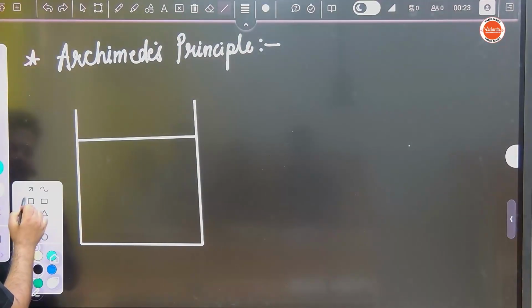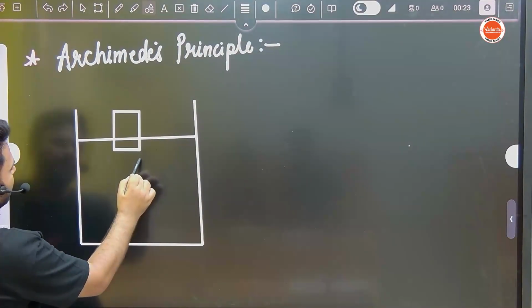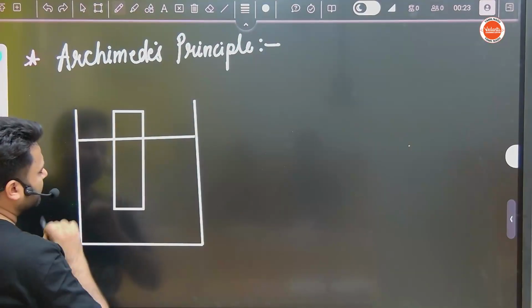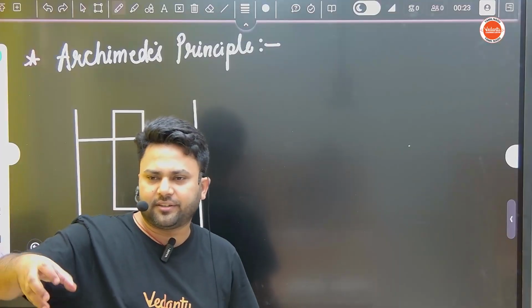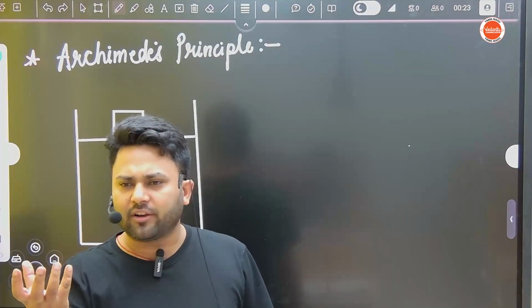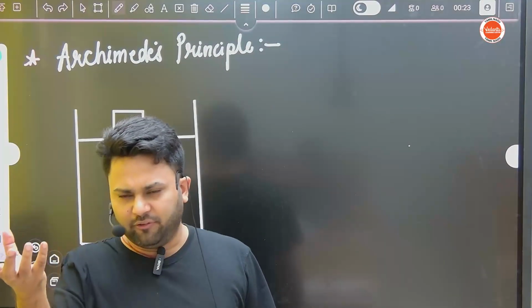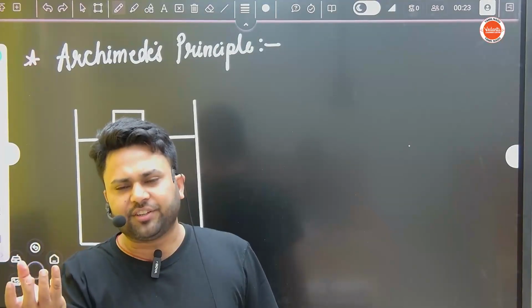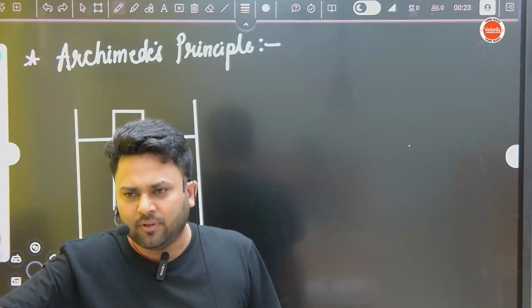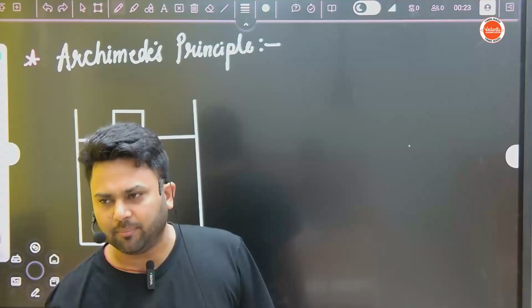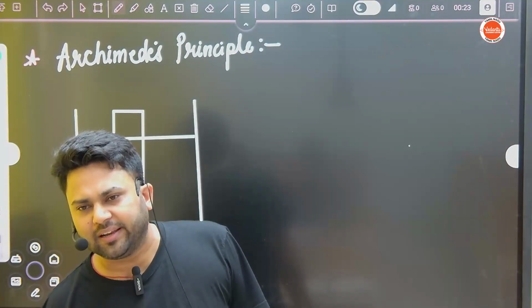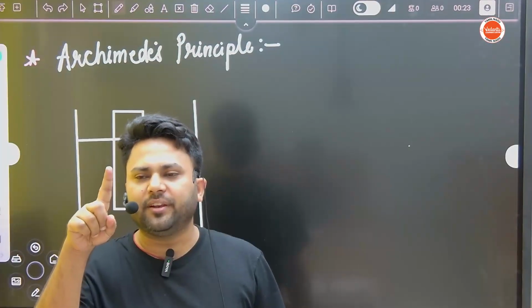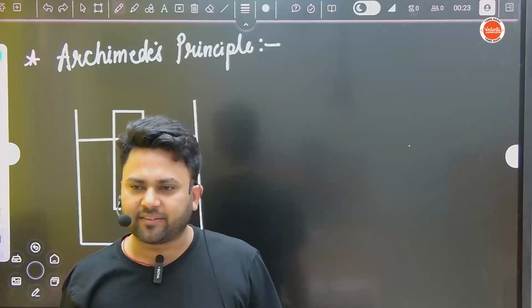And there is any object like this. You must have felt, if you put any ball in water, that its weight in air changes. Now if you keep this ball inside water in the bucket, you will feel that it becomes light. So it becomes light means someone is applying force in the upward direction.